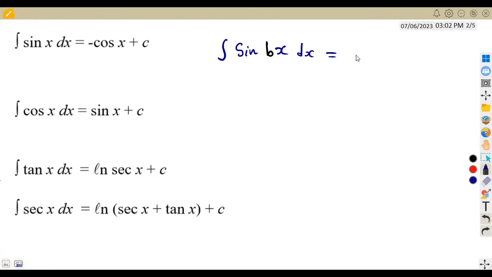So it's going to be minus cos bx. You divide by this b. Just multiplication, what we had on derivatives, we're multiplying. Integration is a reverse, so you divide this time by b. So we're going to have dividing by b, then we add the constant of integration.